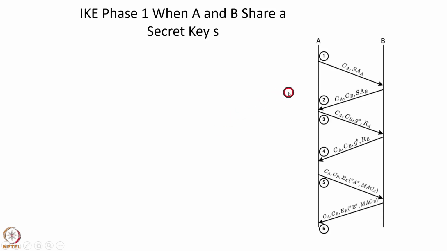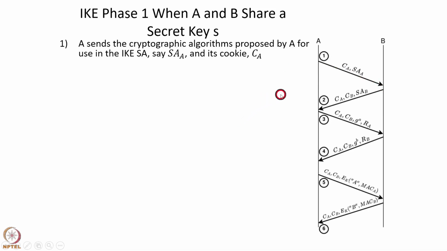This picture shows the execution. There are 6 steps involved in this protocol. A is the initiator. In the first step, A sends the cryptographic algorithms proposed by A for use in the IKEY SA. Let's call that information SAA. A also sends its cookie CA, which is computed using the rules that we discussed on the previous slide. SAA contains the list of cryptographic algorithms proposed by A for use in this security association.